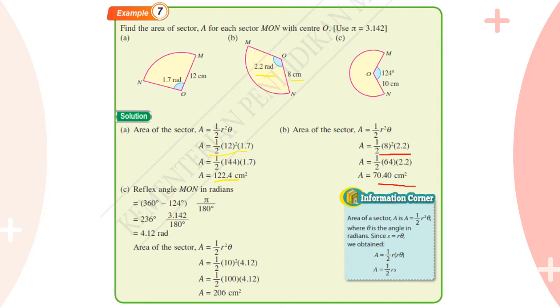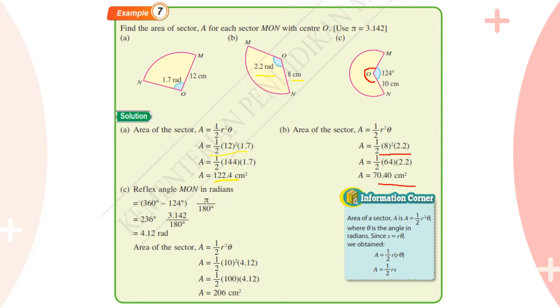And then question C. You are given an angle 124 degrees, but this angle is outside the sector MON. So you need to find the reflex angle MON in radians.